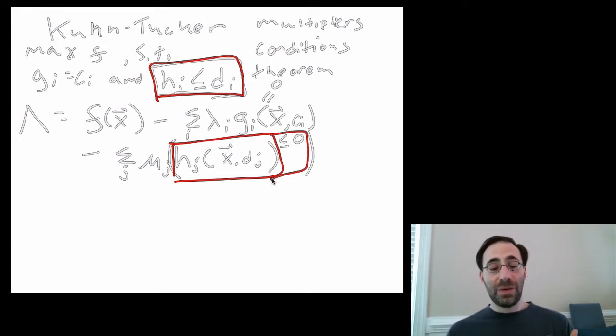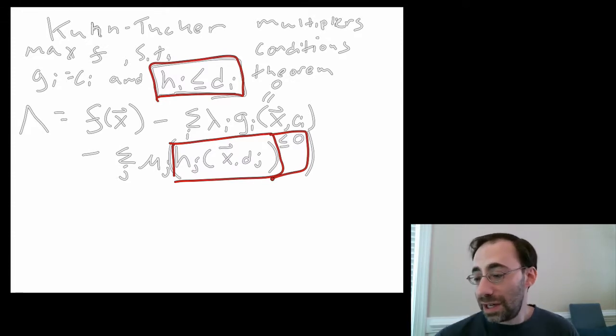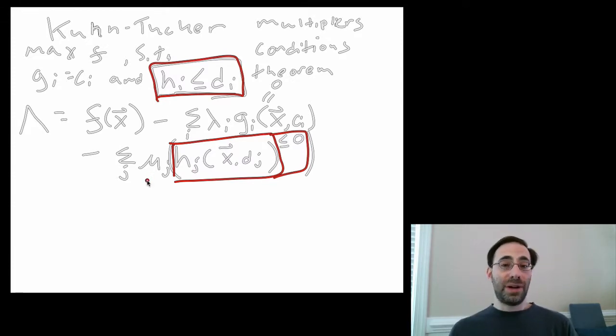So same as before, we converted g into some constraint that said g equals 0. Now we're going to convert the h into some form that says h is less than or equal to 0. The less than or equal to 0 is important. Always make sure the h is less than or equal to 0 to get the signs right. This is for a maximization problem, and these mu's are Kuhn-Tucker multipliers.